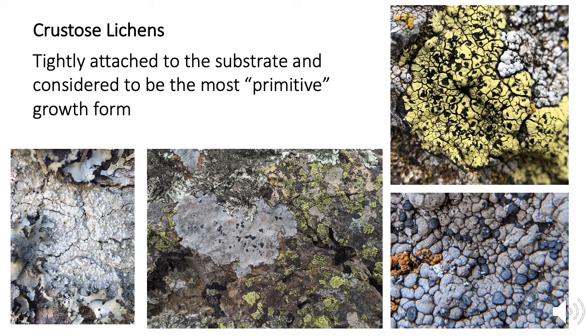I put that in quotes because it's not a great term to use as an evolutionary biologist, since these lichens have been evolving just as long as the lichens with more complex structures. But the first lichens were probably crustose lichens, and they're typically the simplest in structure. Crustose lichens can be unstratified or stratified, but they usually only have an upper cortex, an algal layer, and a medulla, and no lower cortex.